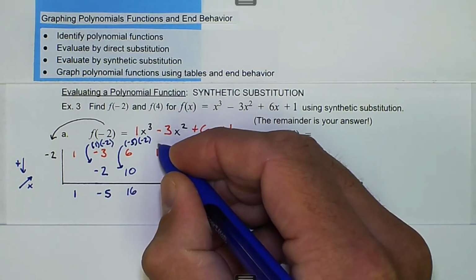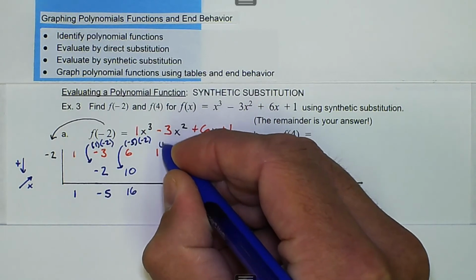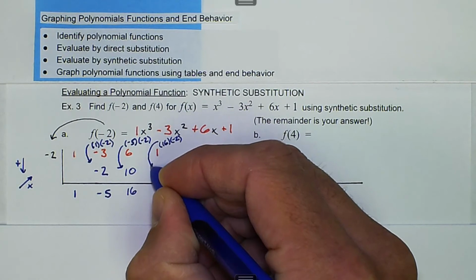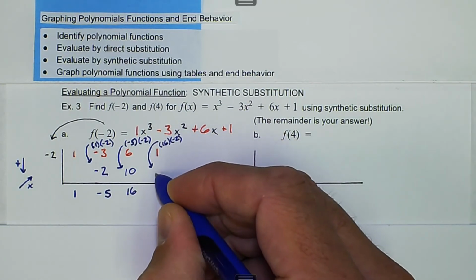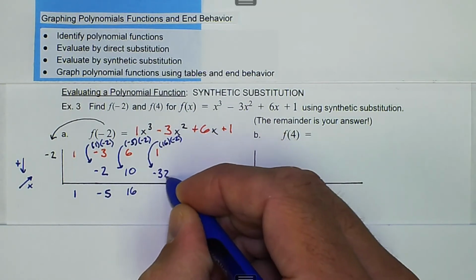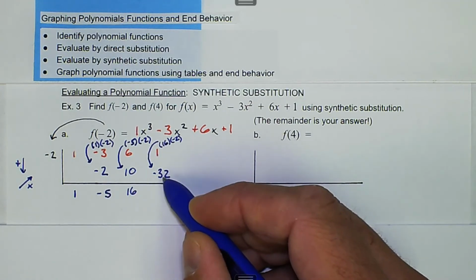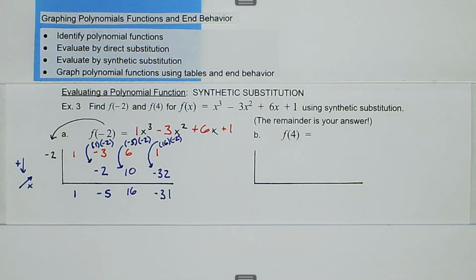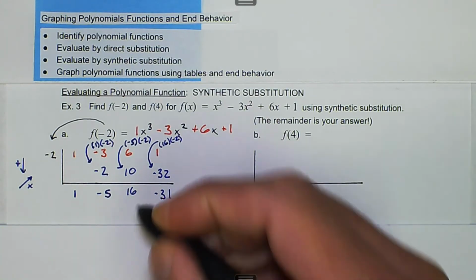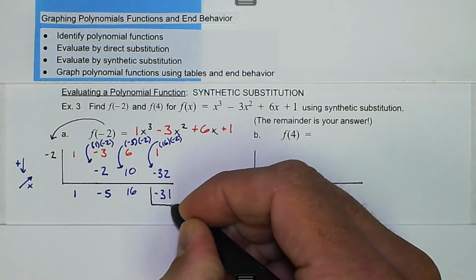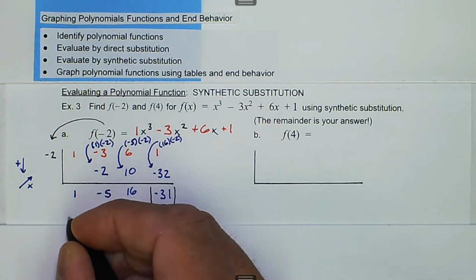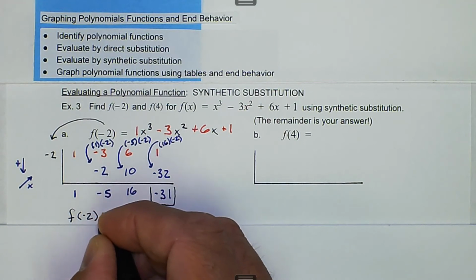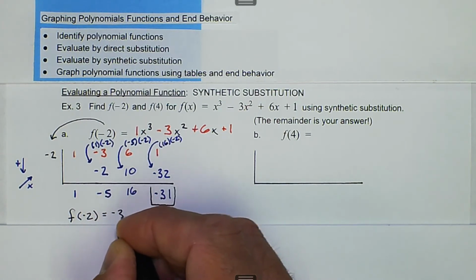So 16 times -2 is -32. And 1 plus -32 is -31. Right here, that is going to be our answer. What we can say is the function evaluated at -2 is equal to -31.